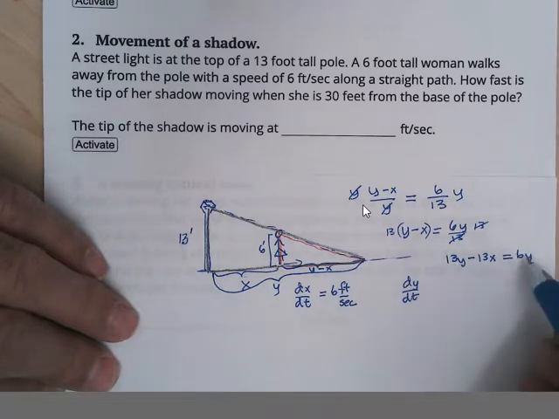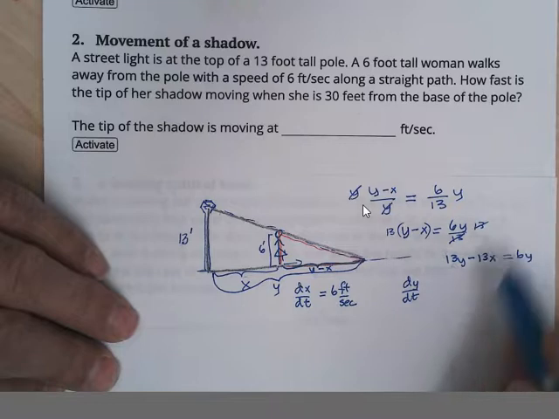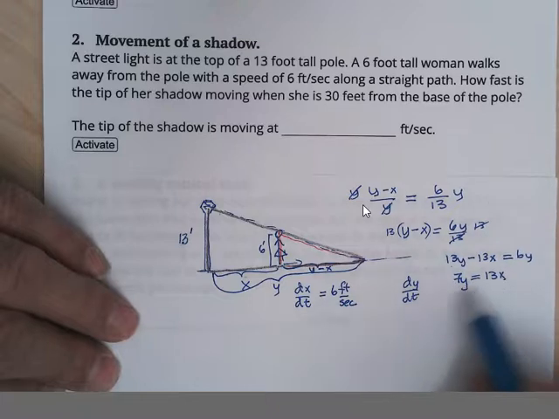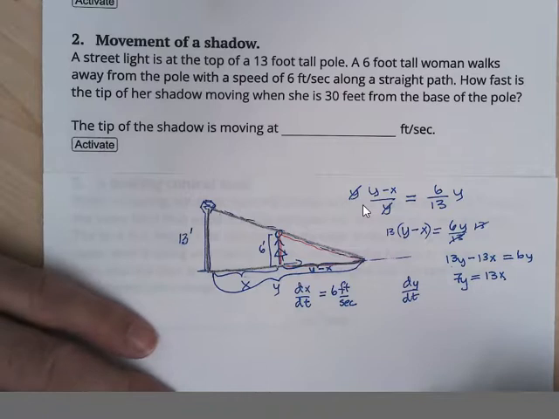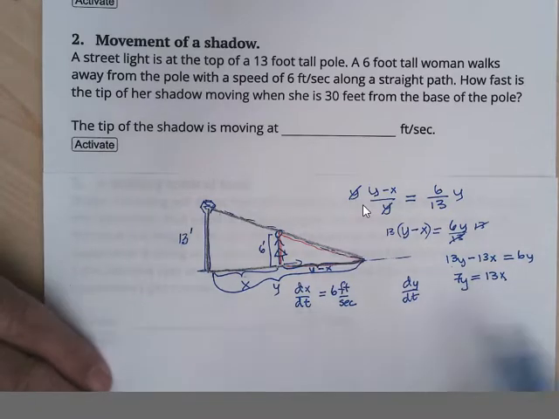So I could subtract 6y from both sides and add 13x to both sides, and I can now solve for x or y. But I need a relationship, and this would create a relationship between x and y, and that's all I need.